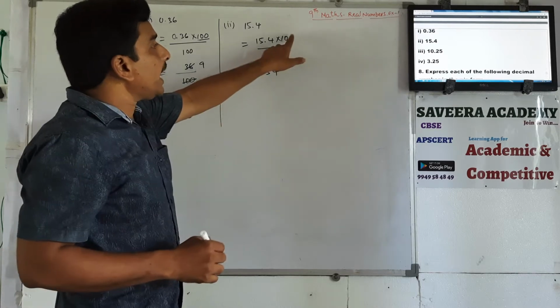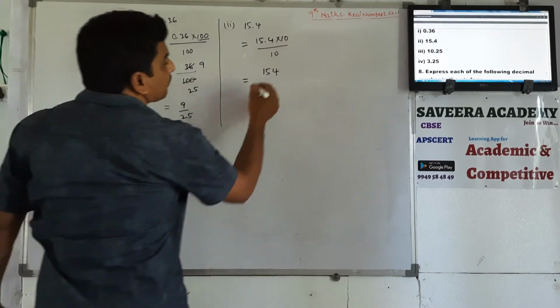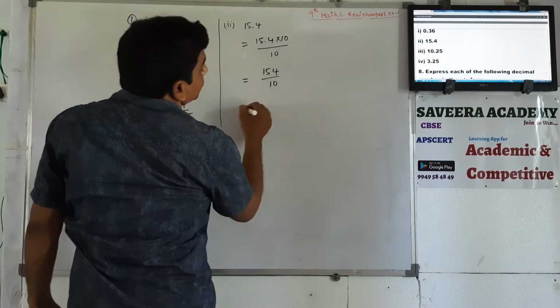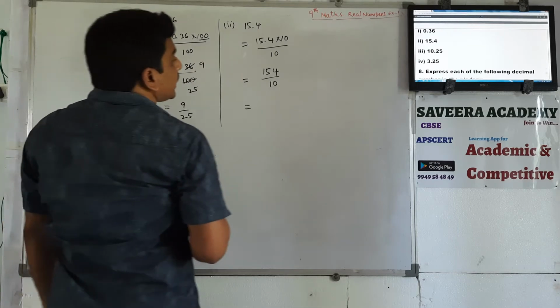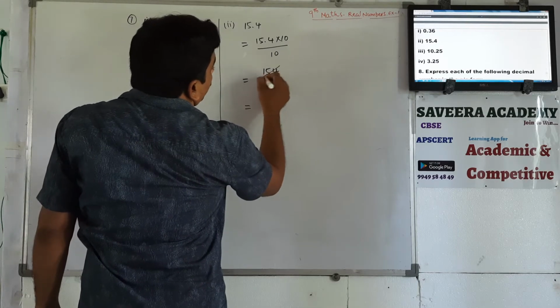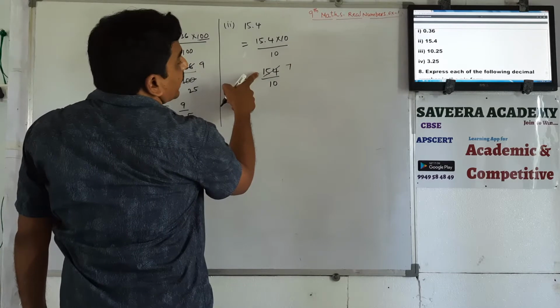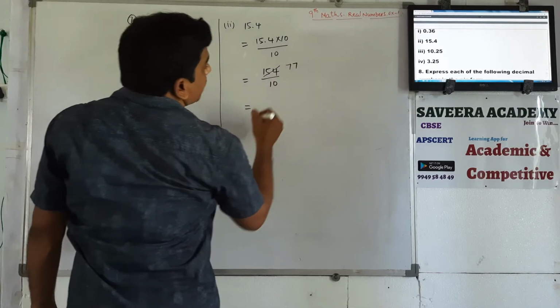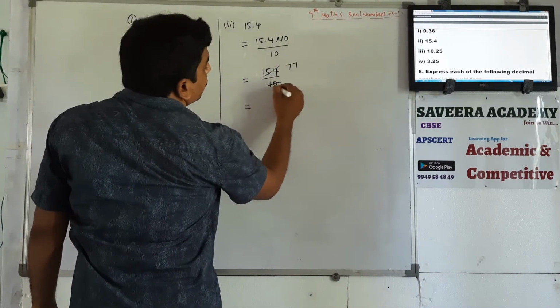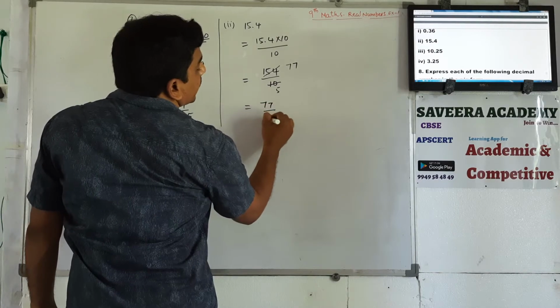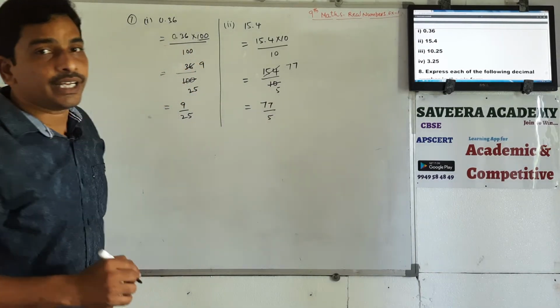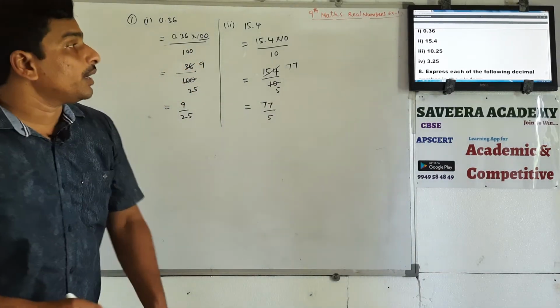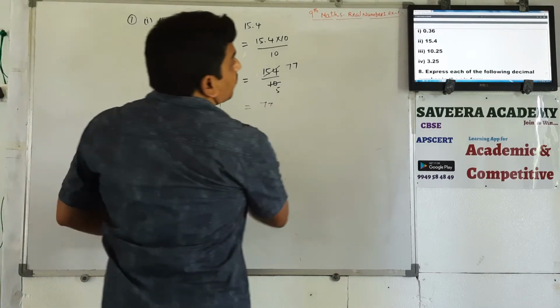This 10 we have used for the multiplication, and divided by 10. Which table will go? The 2 table. 7 2s are 14, 5 2s are 10, so 77 by 5.